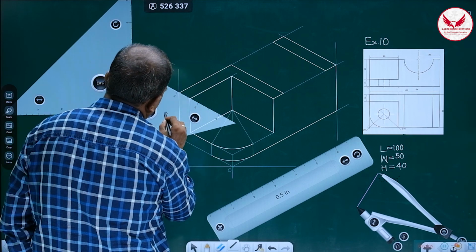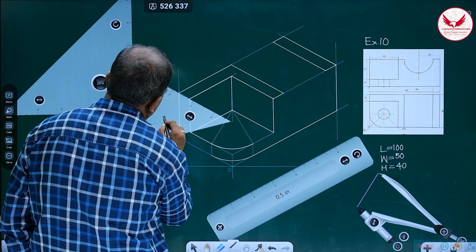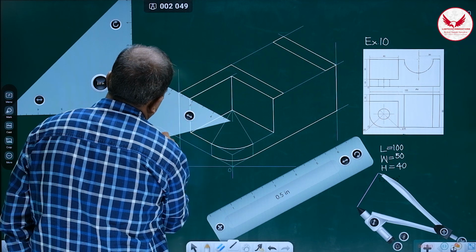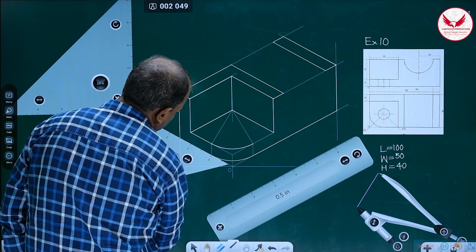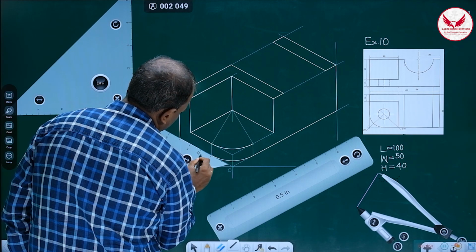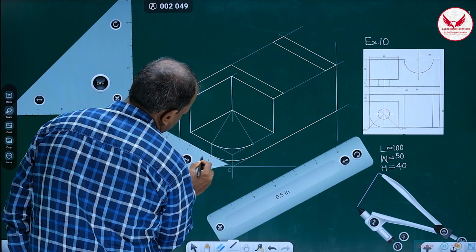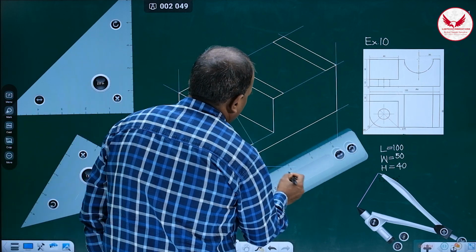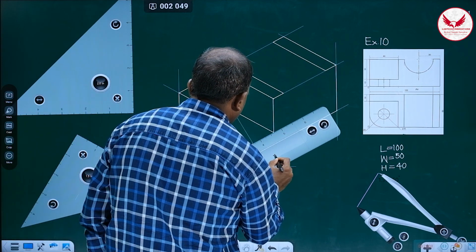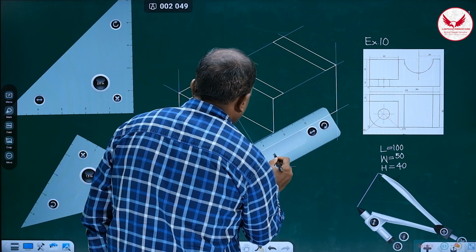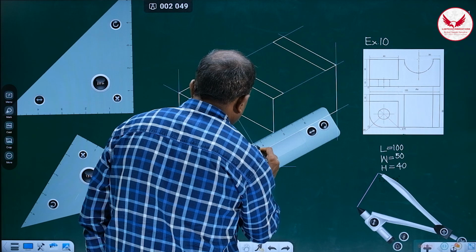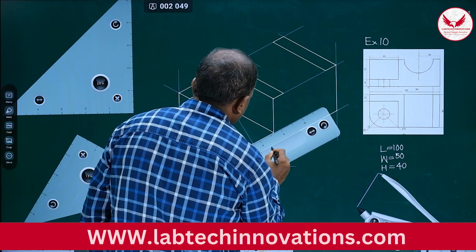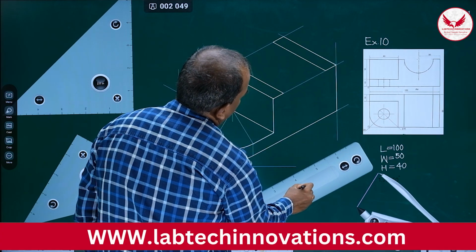Now this edge is remaining, and below it this is one more edge. This is the edge.